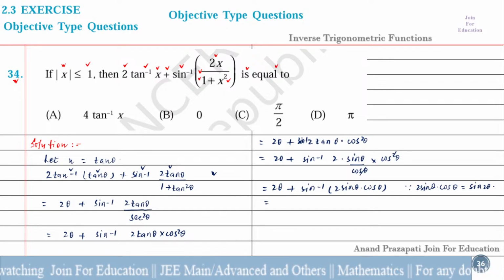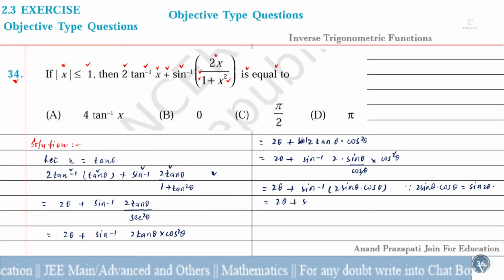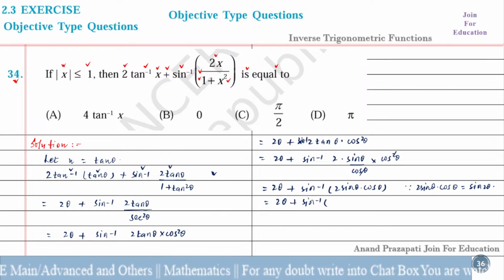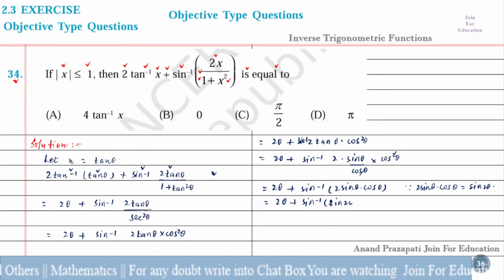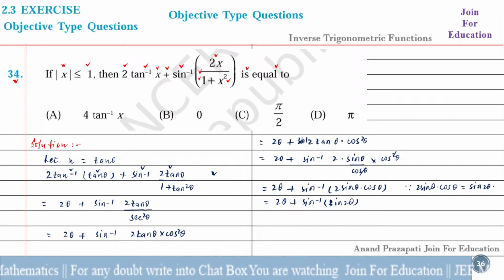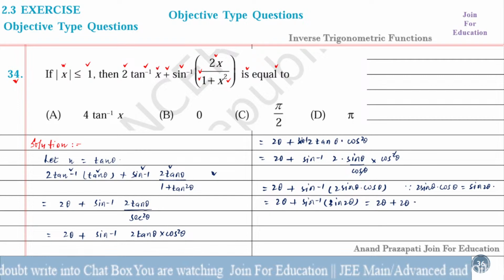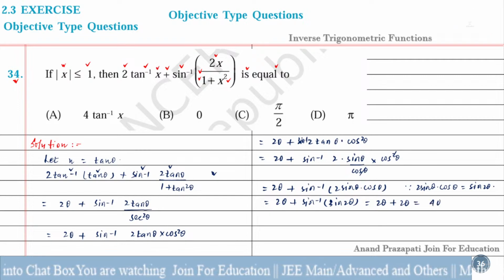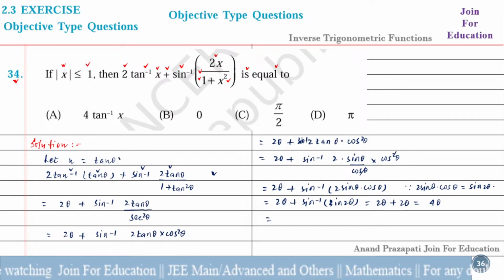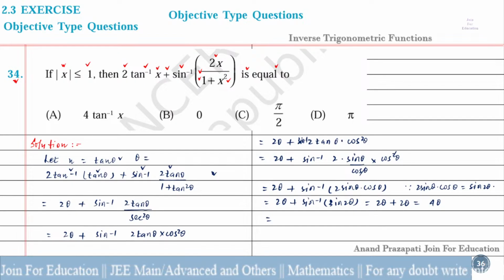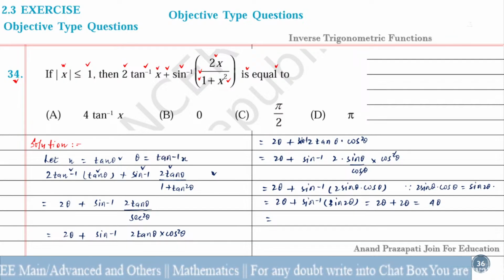Therefore, it will be 2 theta plus sin inverse of sin 2 theta, which equals 2 theta plus 2 theta, that is 4 theta, and theta equals tan inverse x.